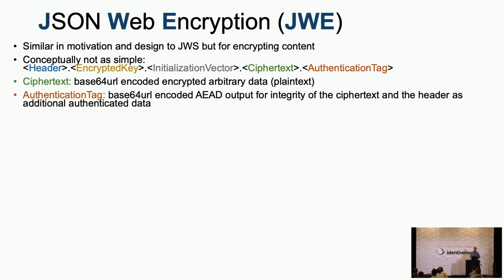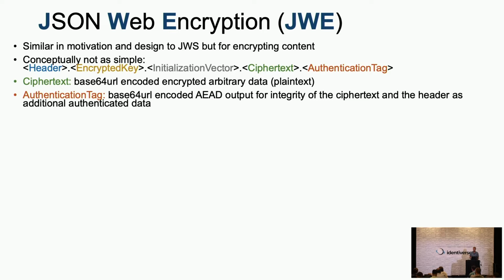The authentication tag is the encoded AEAD output for the integrity of the ciphertext and the header as additional authenticated data. That's just to say that all of the symmetric encryption performed in JWE is some form of authenticated encryption. So there's an integrity check in addition to the encryption portion of it, either built into the algorithm itself or applied on top of it by constructs within JWE.